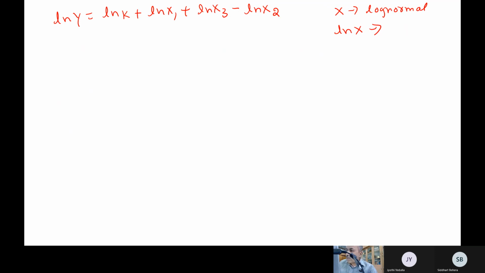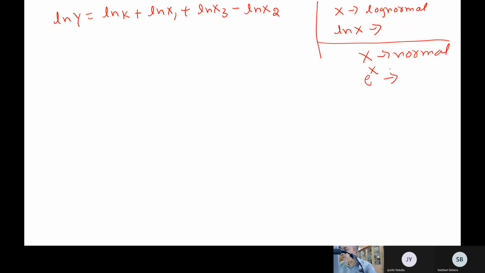If x is normal, what will be e to the power of x?